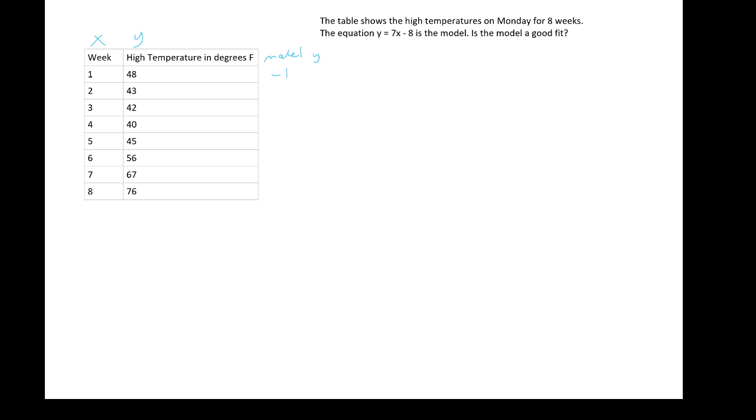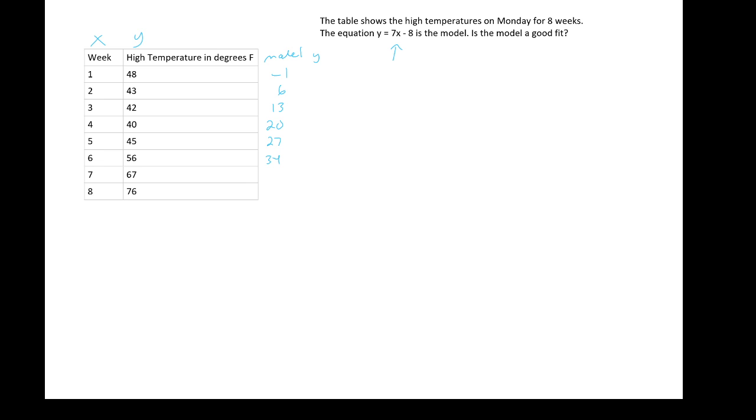On 2, 2 times 7 is 14 minus 8 is going to be 6. 3 times 7, 21, minus 8 is going to be 13. 4 times 7 is 28, minus 8 is 20. 5 times 7 is 35, 35 minus 8 is 27. 6 times 7, 42. 42 minus 8, 34.